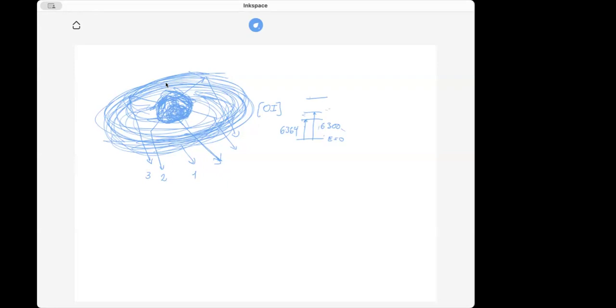And the indication is that the system looked like this, which you've seen before when we were talking about LBVs, that you have whatever the remnant is here, this disk and two lobes that are at high velocity and expand away from it.